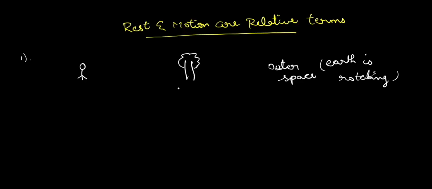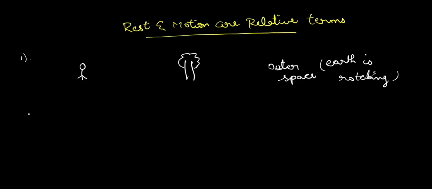Who is observing matters. For the person on Earth, the tree is at rest, but for a person in outer space, the tree appears to be in motion. So rest and motion are relative; depending on who is observing, the notion gets changed.